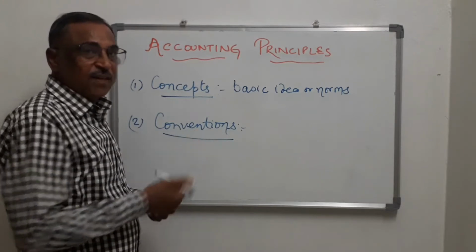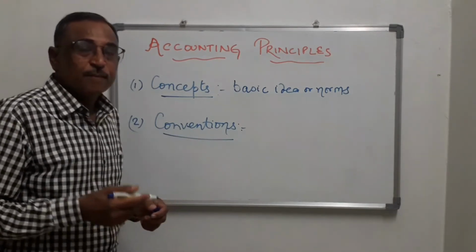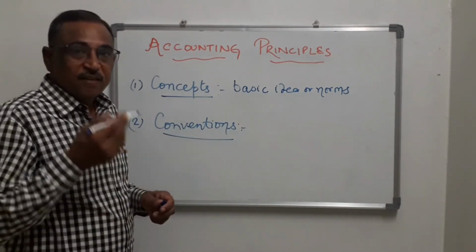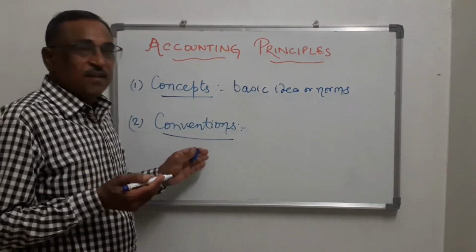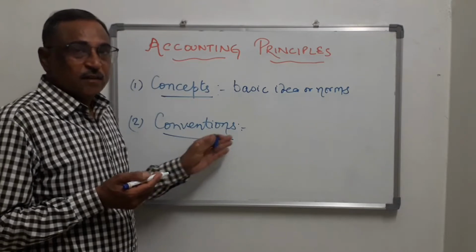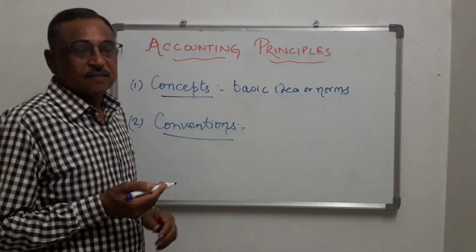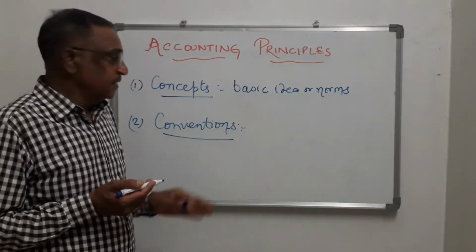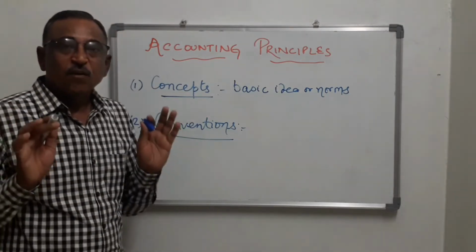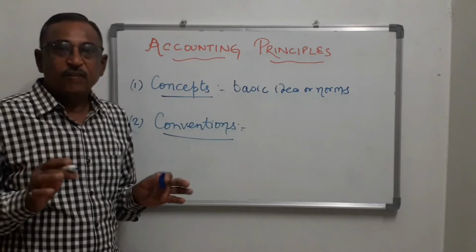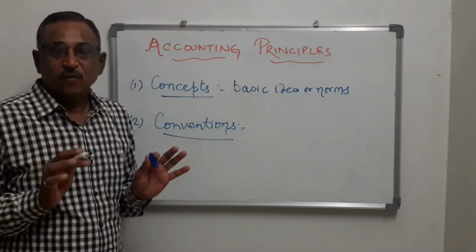Conventions. Accounting conventions emerge out of the practices followed by the various organizations over a period of time. So these are the outcome of usage and practice. Okay, and these conventions may undergo a change in order to enhance the quality of the accounting information. Okay.